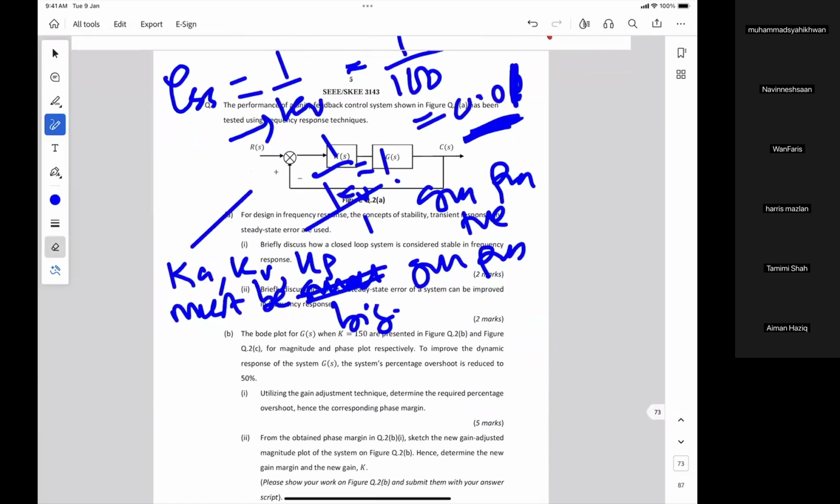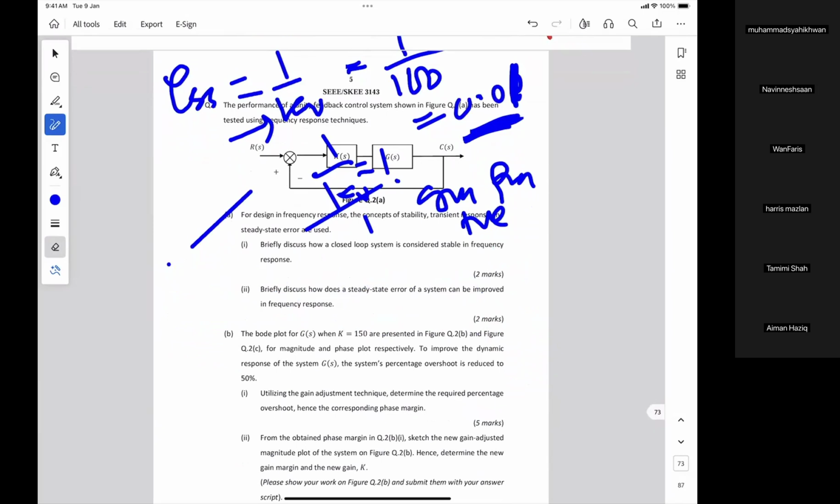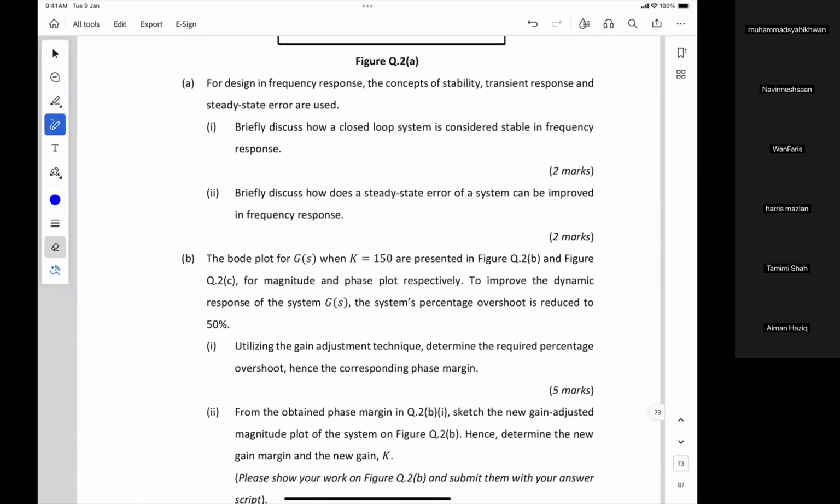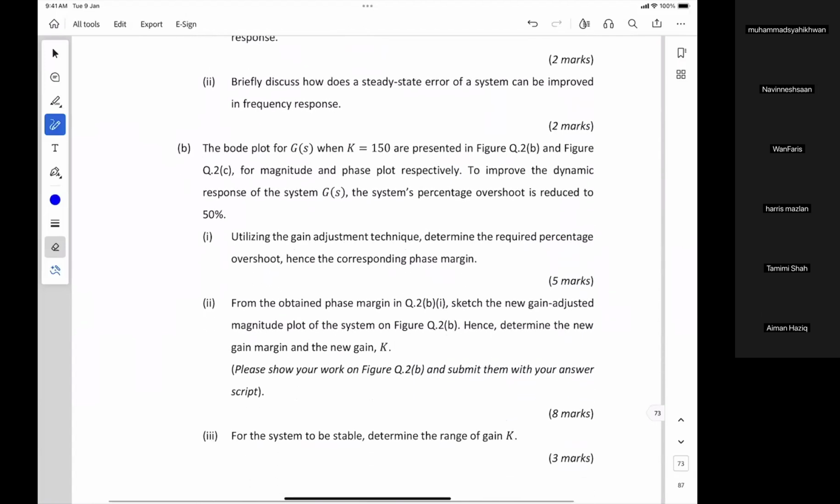So that is the theory question. I want to draw your attention to this question that Nevin read just now. Both loads are given as K. The gain is 150.